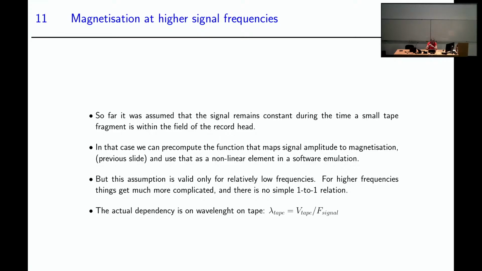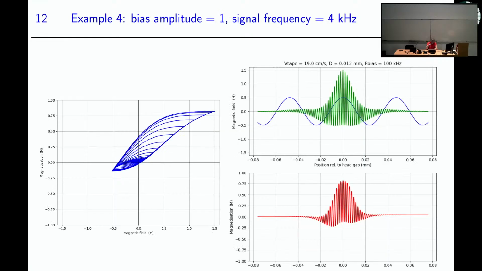Now, if your signal is not constant during the time that the tape is passing by the recording head, then it gets much more complicated. And you can still simulate this, of course. And that's what I've done here.